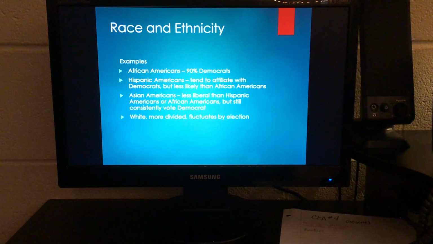Why is it such a big percentage, like 90%? Well, there's so much we could go into for that. This is just stuff that you read, right? It doesn't mean you have to agree with it. But there are some studies that say the unequal treatment that they have received in the past has not allowed them to be as economically successful as white Caucasian people.